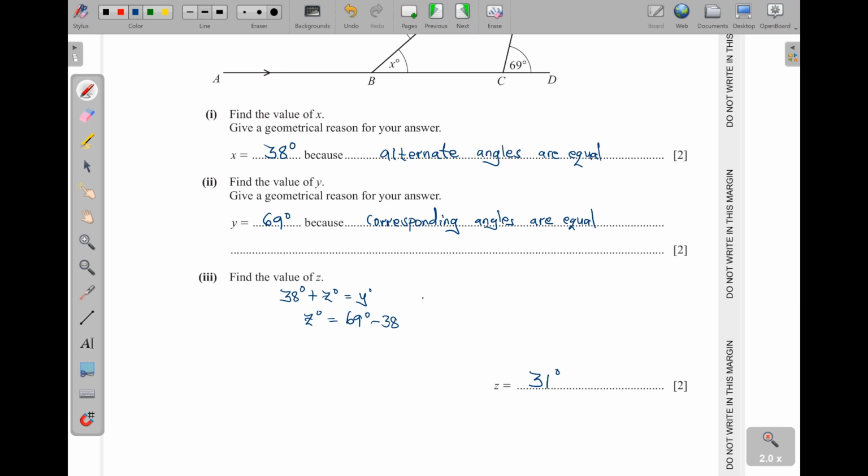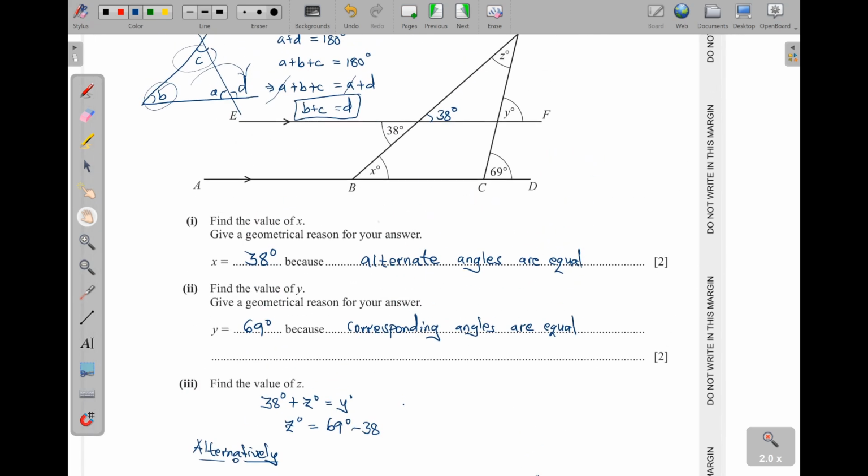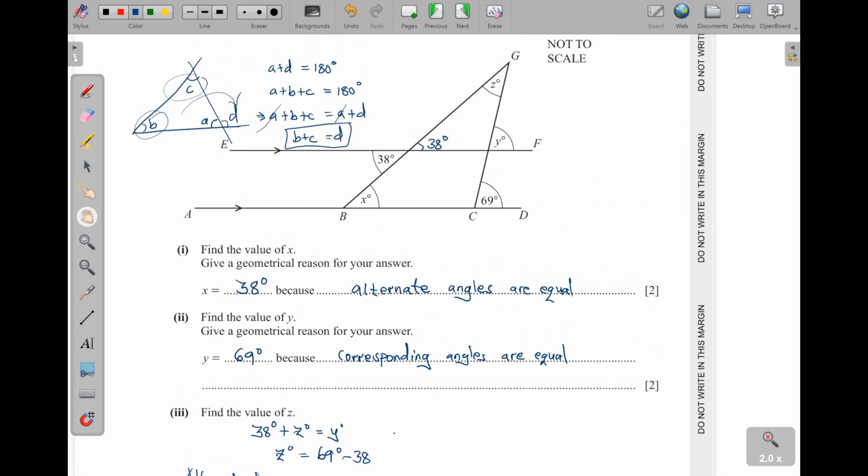Then also, alternatively, like I've told you up there, another person can say, let me first find this other angle here. And maybe we can label it with u.